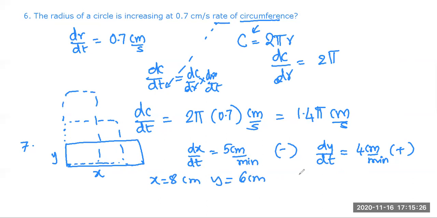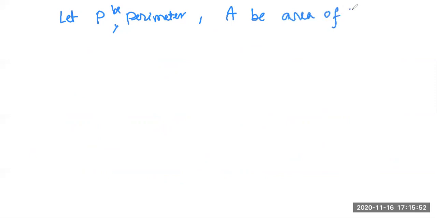So how the perimeter is changing with time. Let's call the perimeter P. Let P be the perimeter. And the second part is asking about area, so let A be the area of the rectangle.